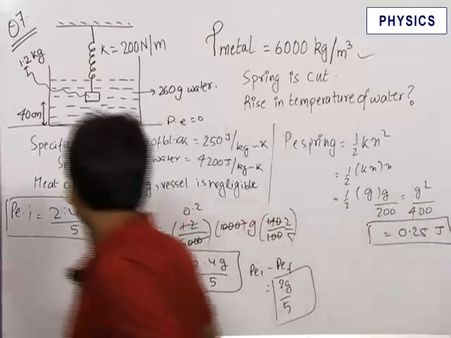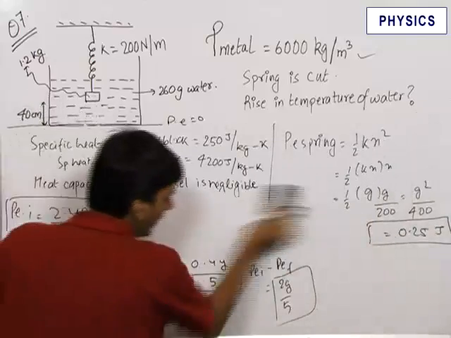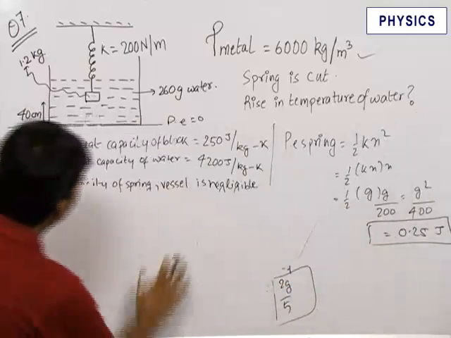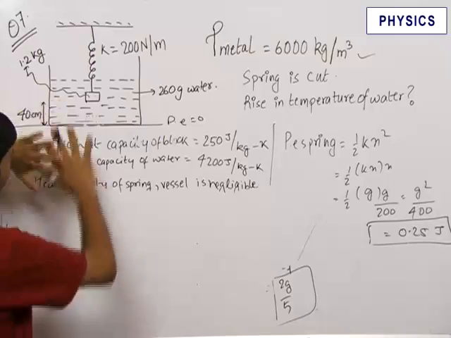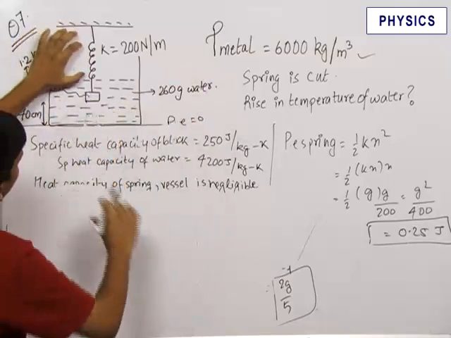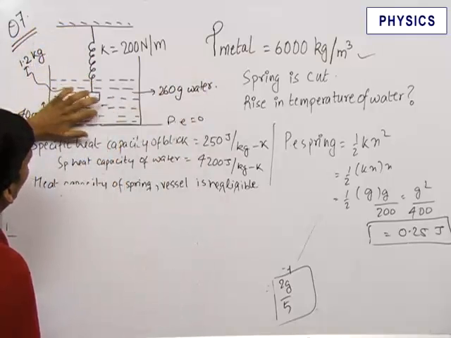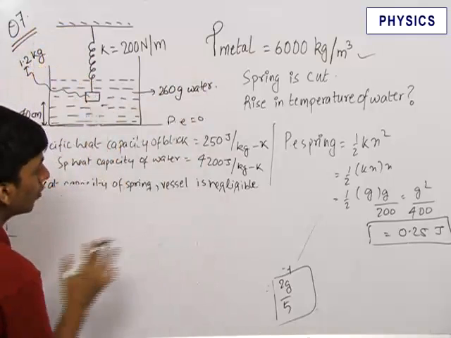Now we can find out the total loss in energy. So we can analyze the full picture now. This spring loses some potential energy. The system of block and water also loses some potential energy.